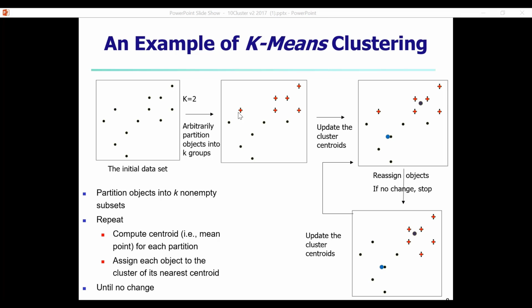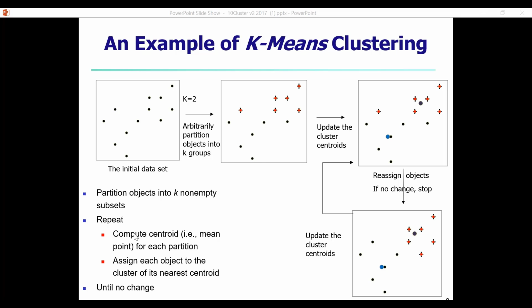So once you have reassigned each data object to the different two groups, we recalculate the centroid. We calculate the centroid again, based on the reassigned data objects.